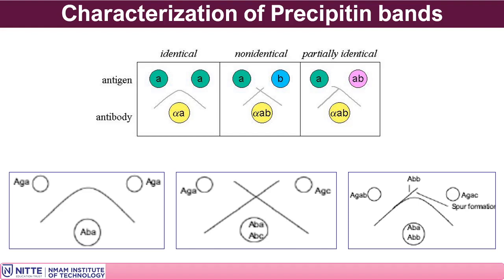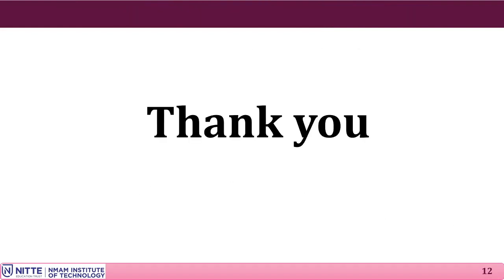So this is how you can demonstrate a precipitation technique or immunoprecipitation reaction by a simple immunodiffusion method, which is called the Ouchterlony immunodiffusion method, by making the soluble antigen and the antibody diffuse across each other in the inert agarose gel and meet at a particular point to produce a precipitation band.